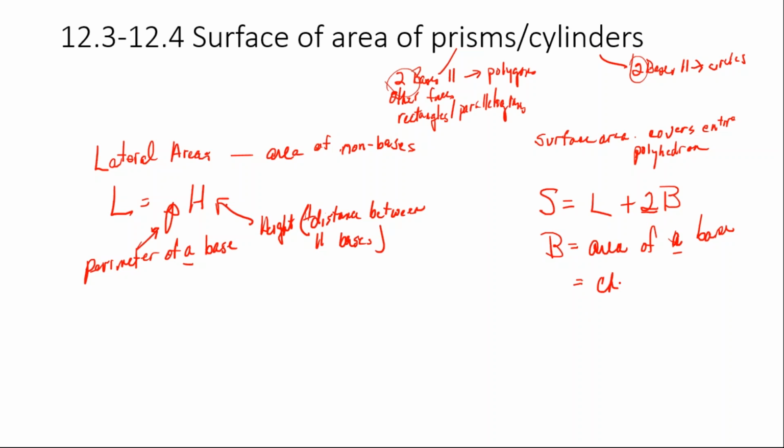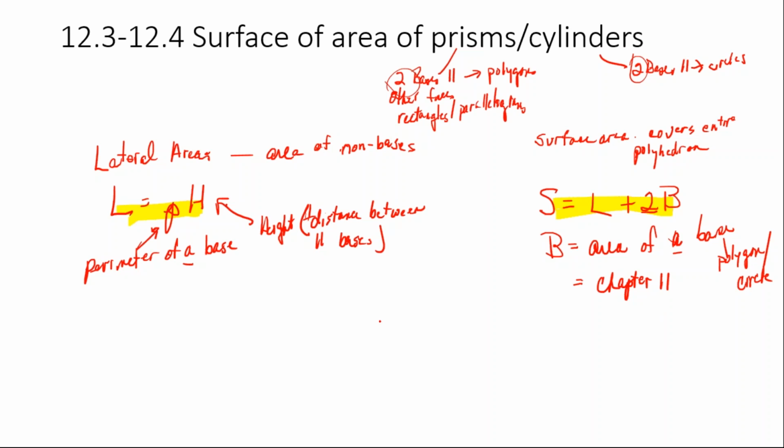That is chapter 11. Any of those formulas from chapter 11, because that base is a polygon or a circle. So if you have those two down and know how to find the area from chapter 11, everything is there. Everything is kind of in a review mode at that point.